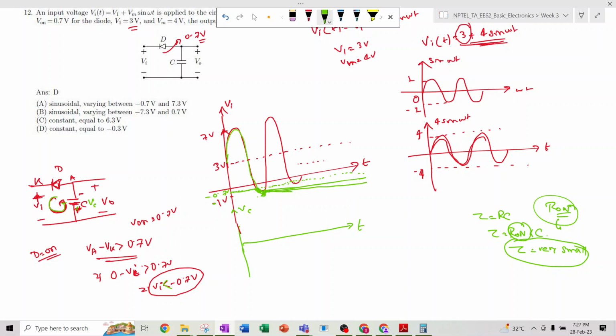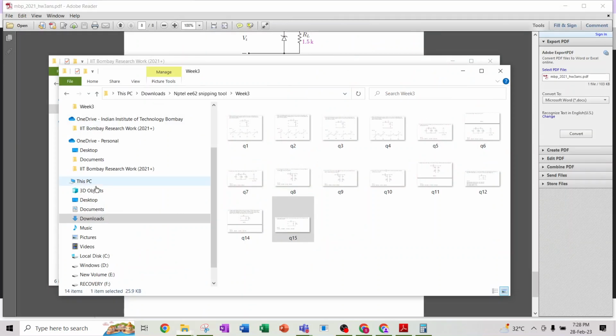So this is basically a peak detector problem. That means using this circuit we are detecting the peak, and if it is 1 volt, and the diode has 0.7 volt, then 0.7 minus 1 volt will appear at the output terminal VO.